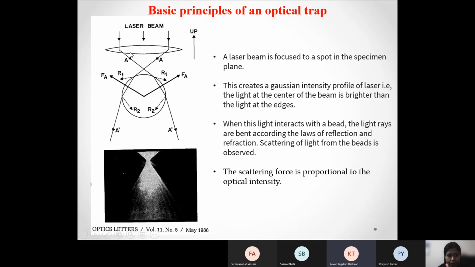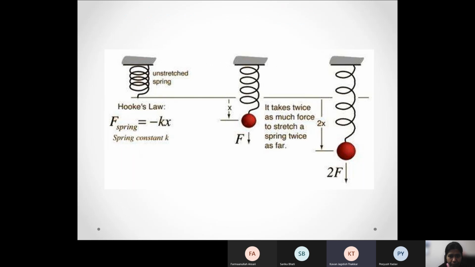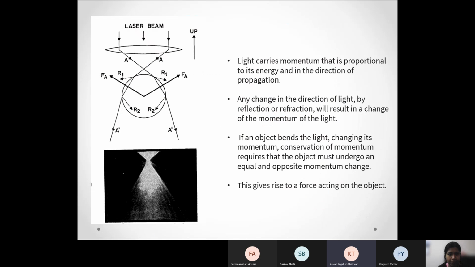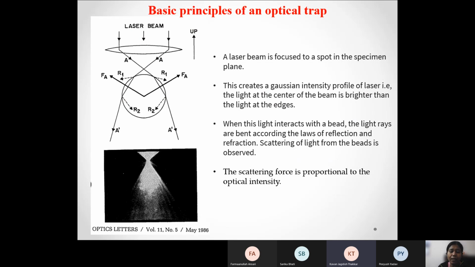If you look at the way the lasers are lensed through an objective lens, you would see that there are regions near the focal plane where you would have very high intensity of the light, and away from that you would have lower intensity of light. So you have actually created a gradient of light.